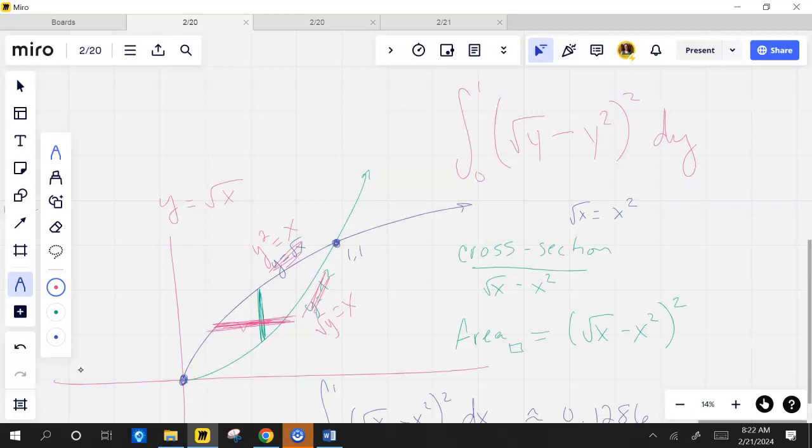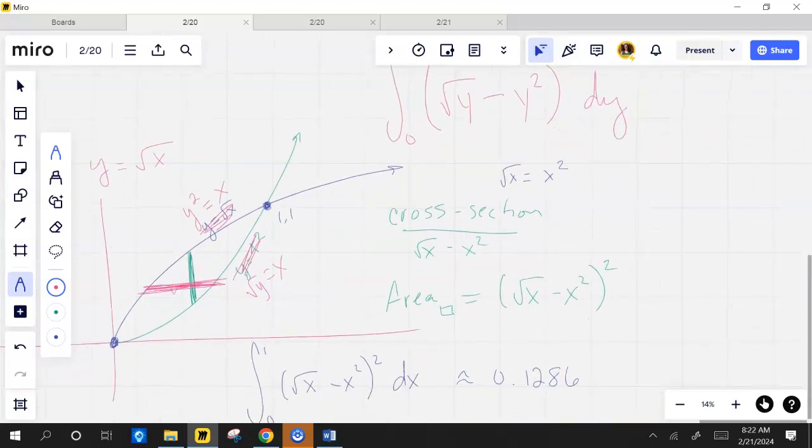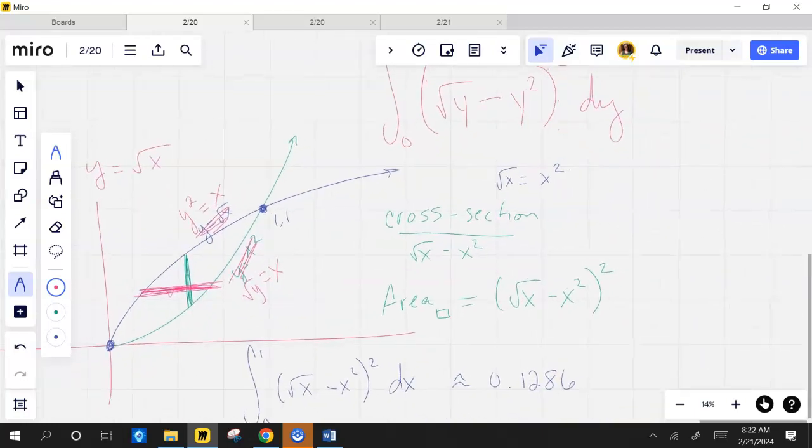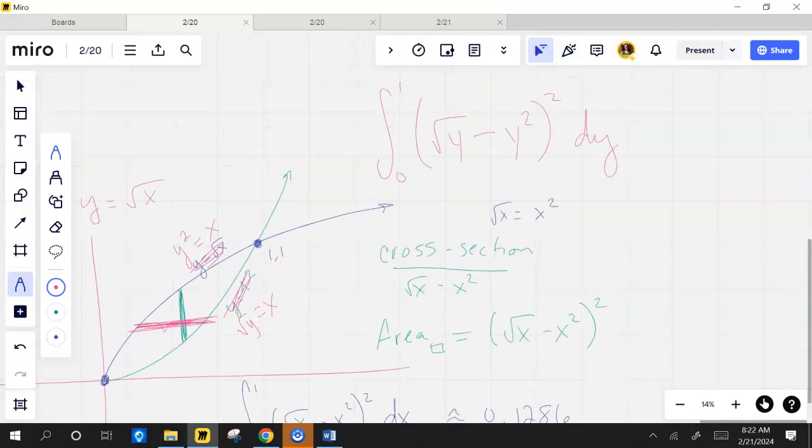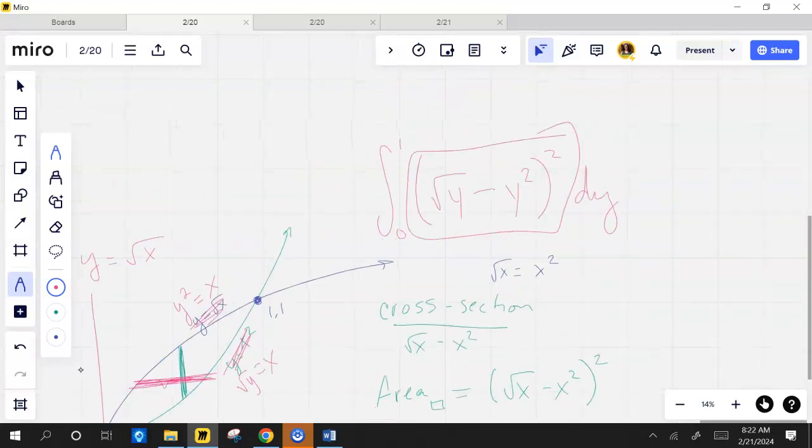I got 0.12857. I literally put all of this in my y1 so that I didn't have to do any practice.